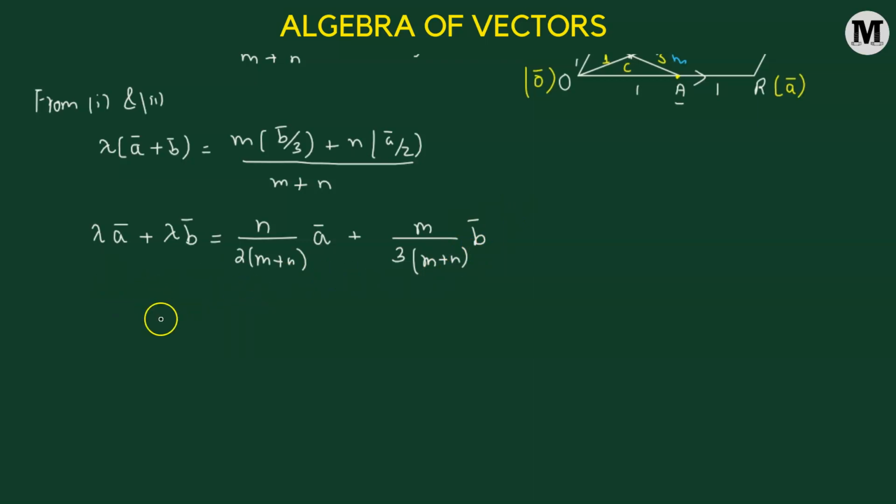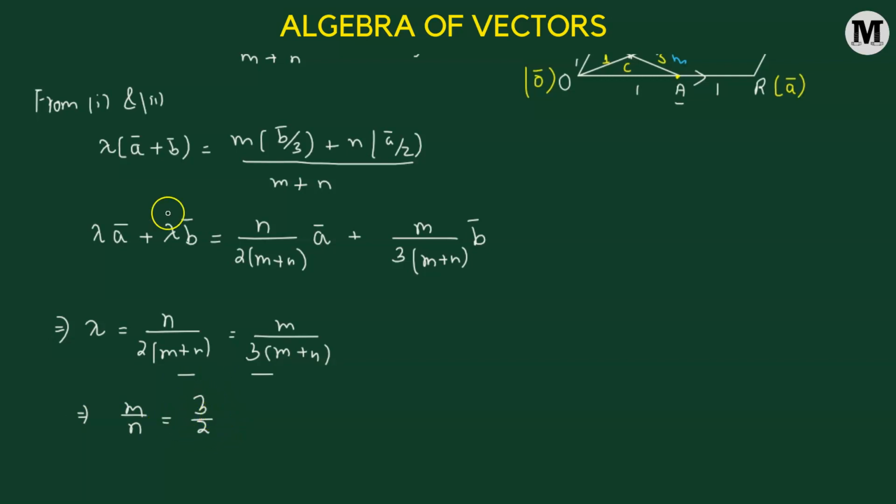Now, we can equate both sides. Equating both sides, we get lambda equals n over 2 times (m plus n), equals m over 3 times (m plus n). So let's use these two ratios. From these two ratios, we can get m over n equals 3 over 2.